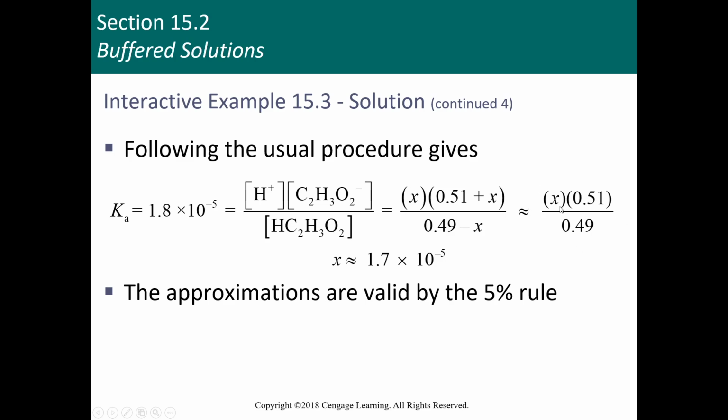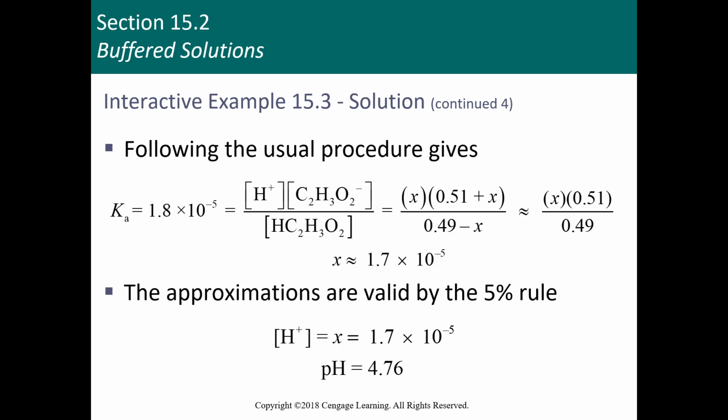Now you're going to take this, divide by that, and then divide that over. We are given that x is about 1.7 times 10 to the negative 5, and that's going to be pretty close to true. If we take our 5% rule, this value right here is much less than 5% of either of those values. So yes, that was a good assumption. Very good.